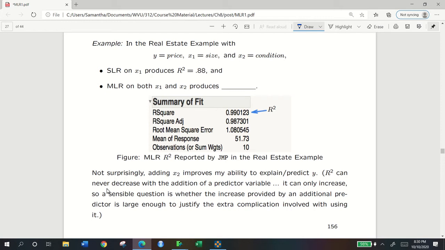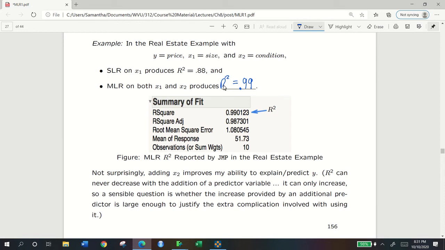We may recall that for our simple linear regression on x1, we produced an r-squared value of 0.88, but on multilinear regression on both x1 and x2, we produced an r-squared value of 0.99. Again, that comes straight from JMP. And so this is something that we do need to consider.